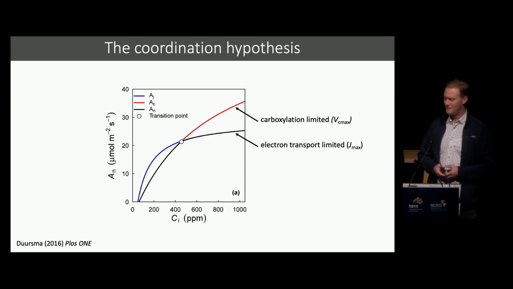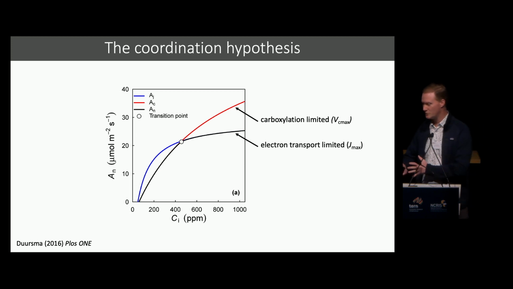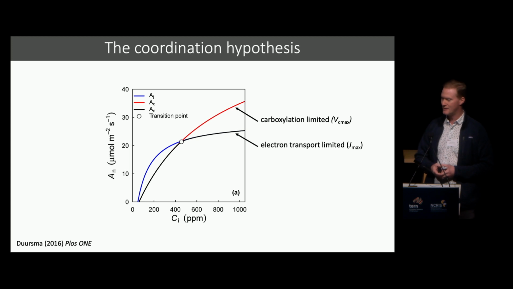And so the leaf has a job of investing in those two sets of reactions, building the machinery in such a way, optimally, if it does it optimally, that they both equally co-limit photosynthesis. And so we can see in this picture that dot where they cross over, the Ci transition point, is where, if we're moving up in the CO2 concentration across the x-axis, the limitation passes from the carboxylation limitation to the electron transport limitation.